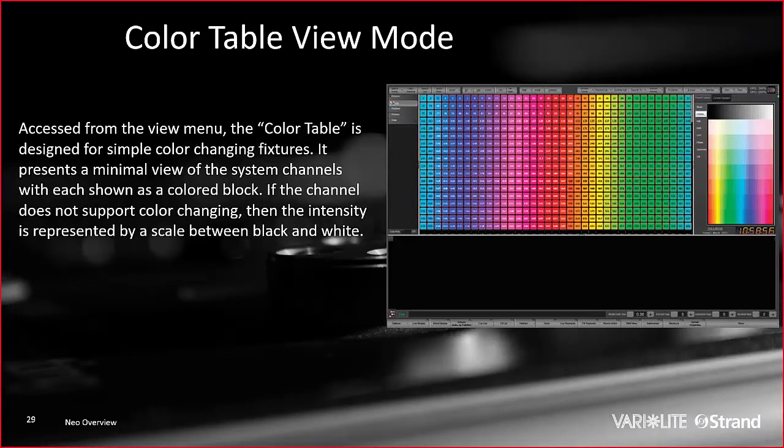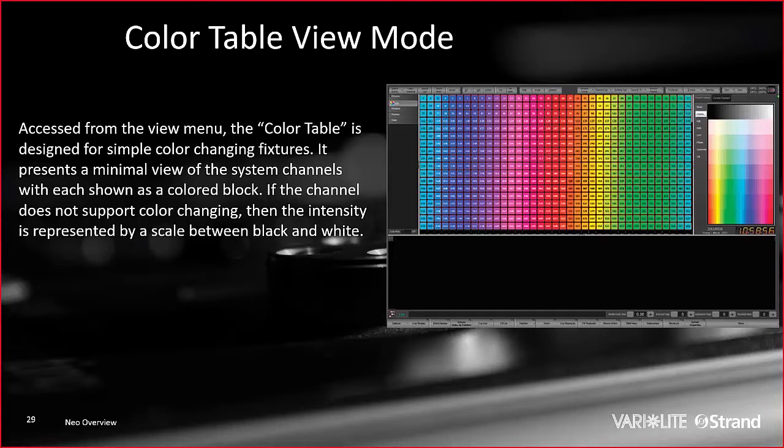Now what I want to do is talk about some of the great features. Some of these are newer features that are available, but to just get you a better understanding of the vast capabilities that NEO has. Under the view pull down, your standard classic channel grid could be replaced with a view called a color table.